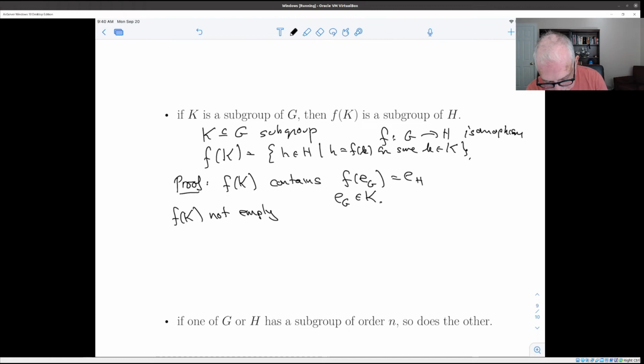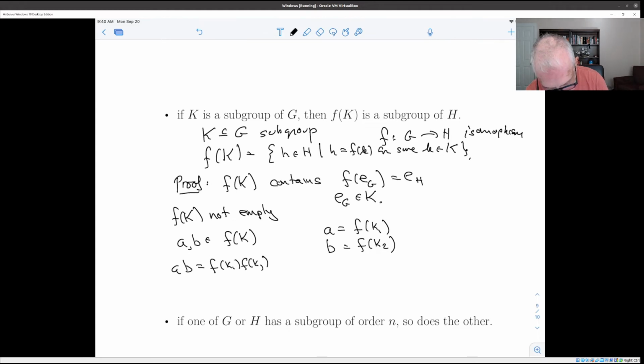And suppose that a and b are in F of K. So a is equal to F of k1, and b is equal to F of k2. Then a times b is F of k1 times F of k2, which is F of k1 k2.